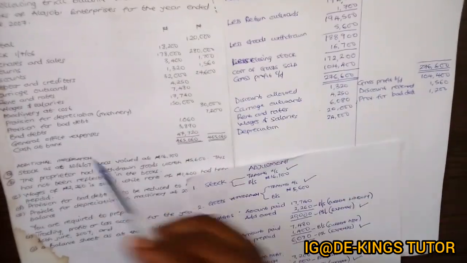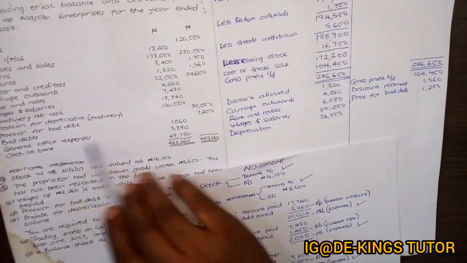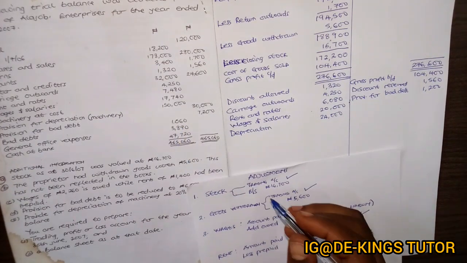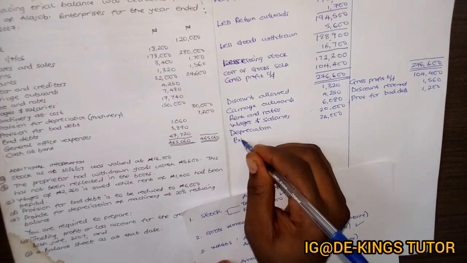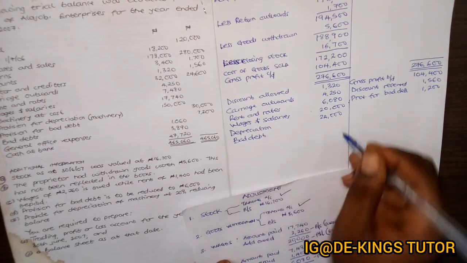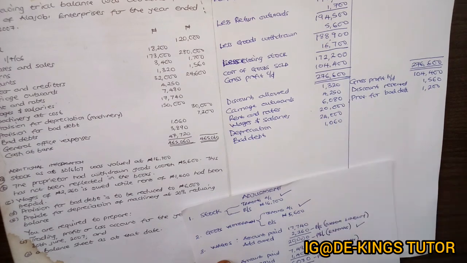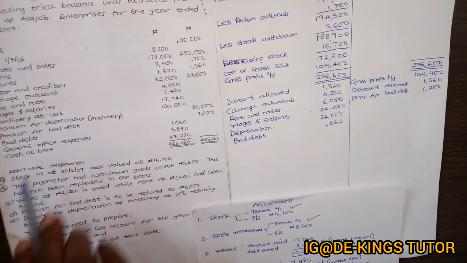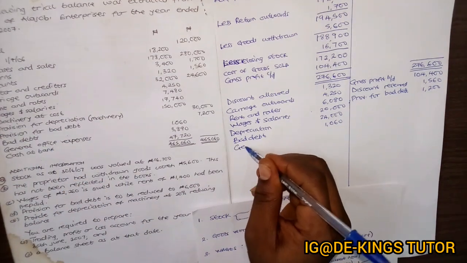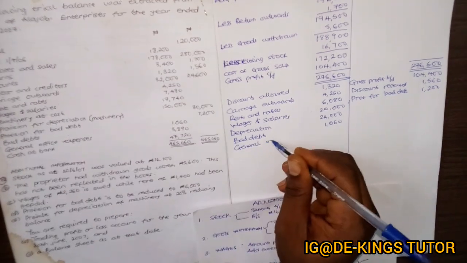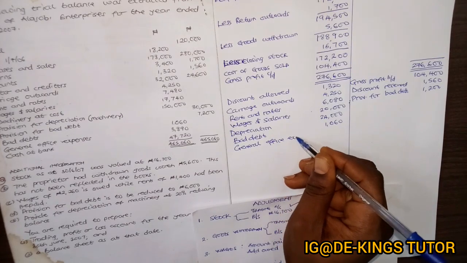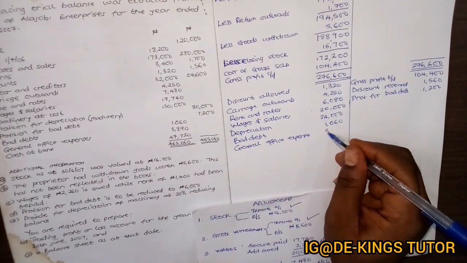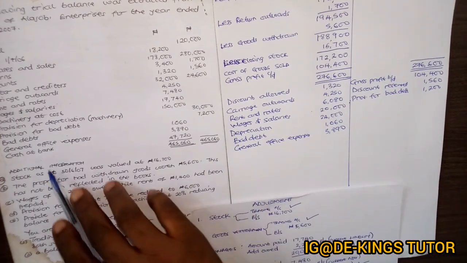The next one is bad debt. Bad debt is 1,060. There is no adjustment for that, so just write it there. Bad debt, 1,060. Okay, the next one, general office expenses. So write general office expenses as 3,890.